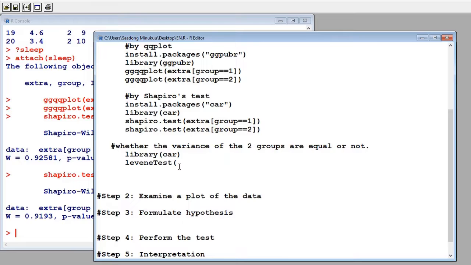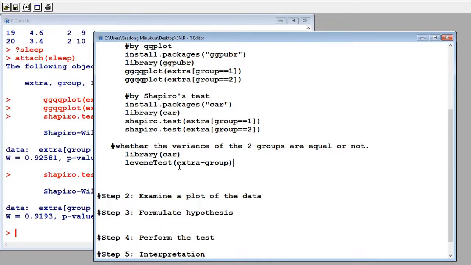Then we take extra, which is the extra hours of sleep, separated by group, the group of soporific drug taken, group 1 or 2. Homogeneity here simply means equality of variances.